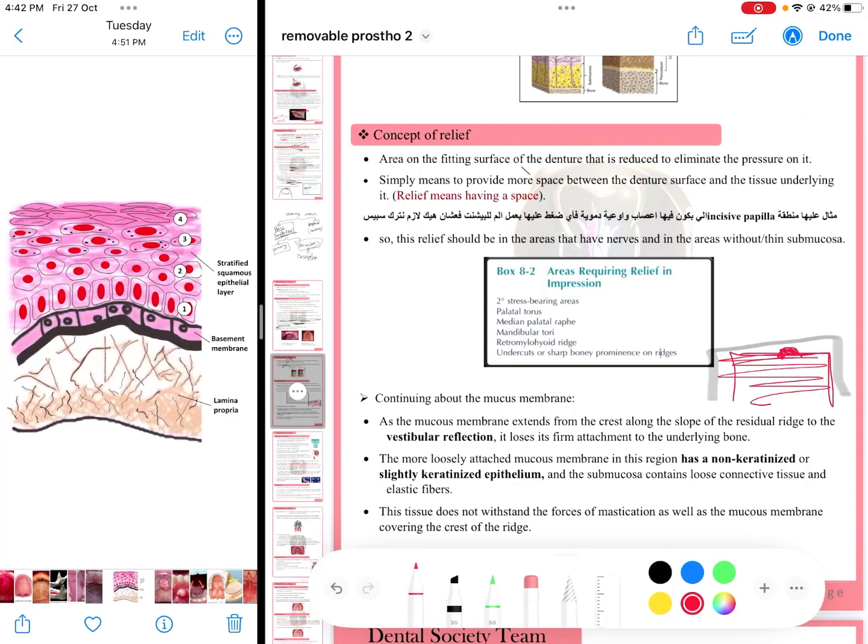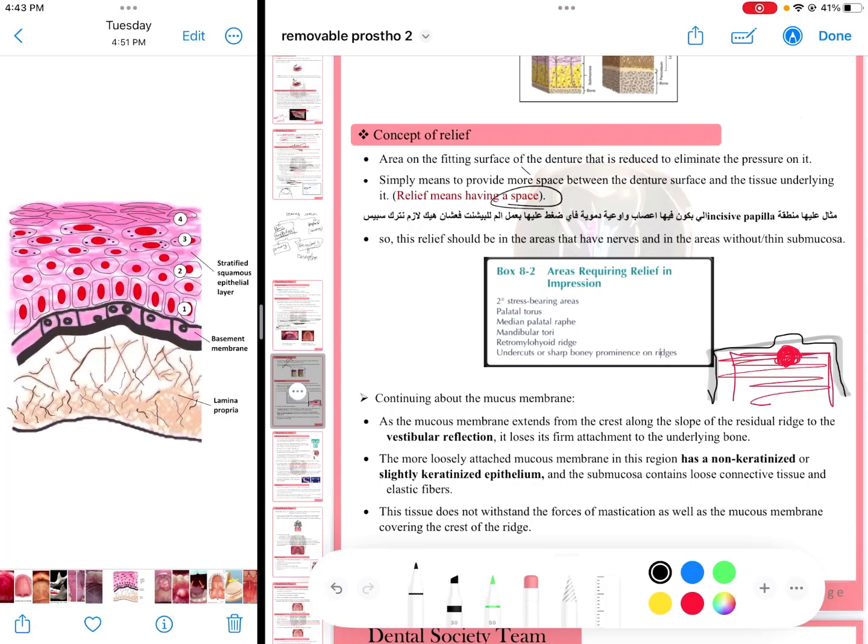How are we going to do that? By creating a space. This is the denture, and I will create a space for it like this. This is called relief. Simply, it's to provide a space between the denture surface and the tissue.